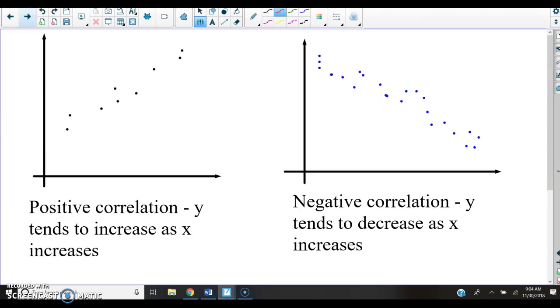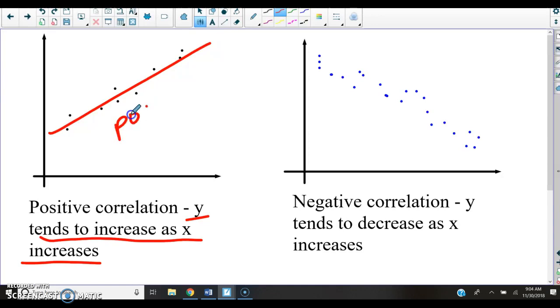Positive correlation is when Y tends to increase as X tends to increase. Okay? As X increases, Y tends to increase. And basically what you're looking at is, if you put a quick line in it, it has positive slope. And this has relatively good positive correlation.